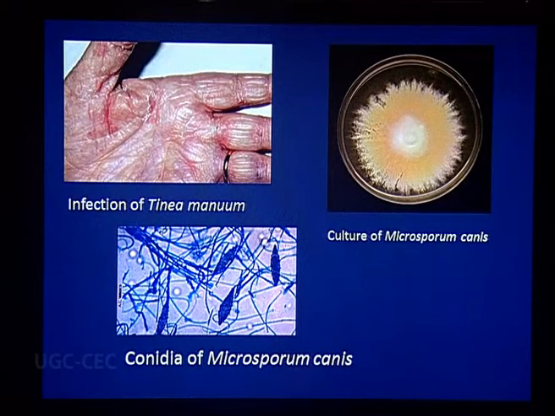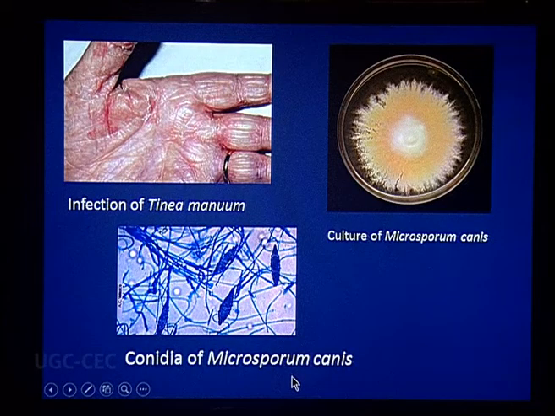Now coming to the next important type of disease, which is Tinea manuum. It is actually causing infection of the fingers, and you can see it is spreading as cracks, as redness or pinkish lesions. When we take the scraping of the skin, we will see the conidia of Microsporum canis, which is the causal organism, and it will produce a typical yellowish white culture of this Microsporum.